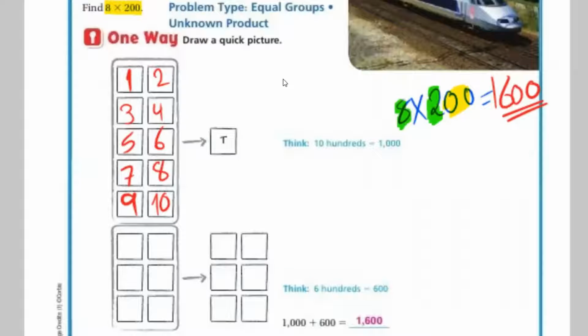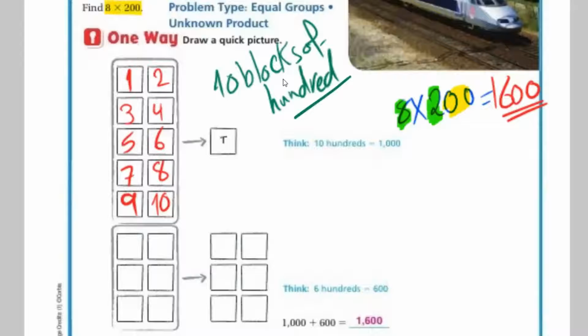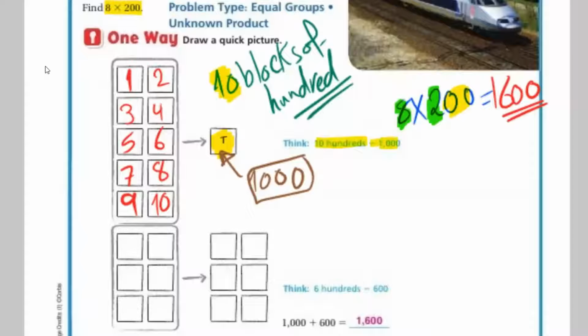So we have 10 blocks of 100. 10 blocks of 100 means 10 multiplied by 100, right? So this is 1000.